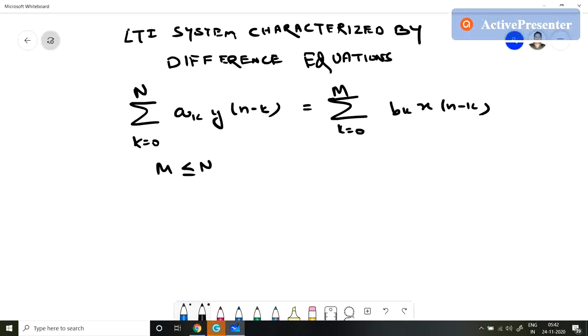What we can do is take the Fourier transform on both sides.